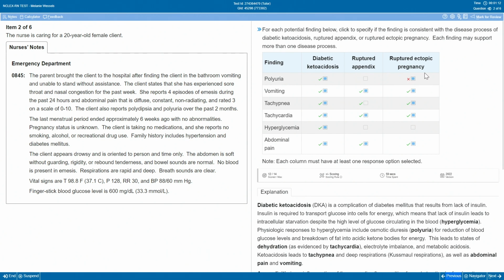So when you talk about the scoring, because it's one where you can select a whole bunch of options and it's not limiting you, they do subtract points when you select the wrong option. So the total number of available points is 14 down here.